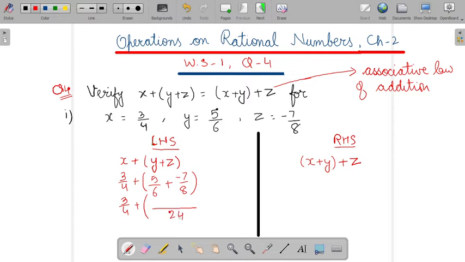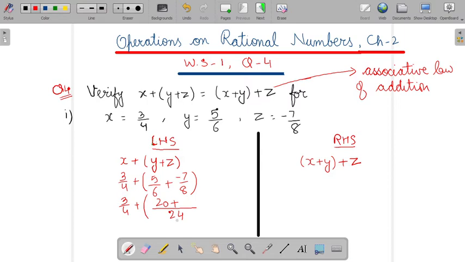Now how will we do it? Divide from below, multiply on top. If you divide 24 by 6, you get 4, and multiply it with 5, so 20.